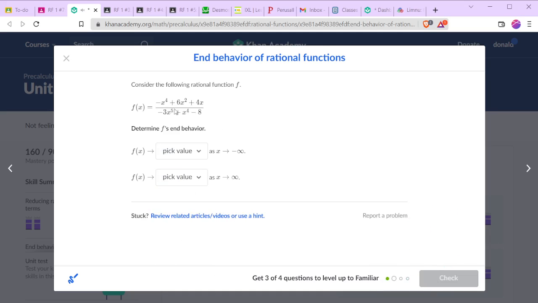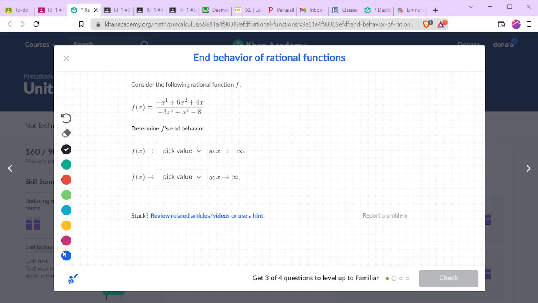Here, the highest term in our denominator is x to the 5th. Well, that's greater than x to the 4th. If we do our approximation here, negative x to the 4 over negative 3x to the 5th, right?